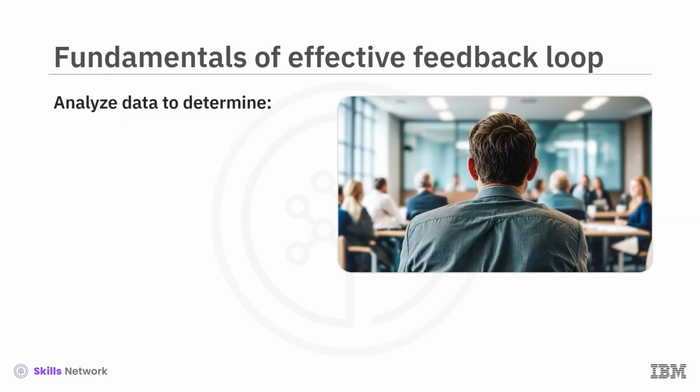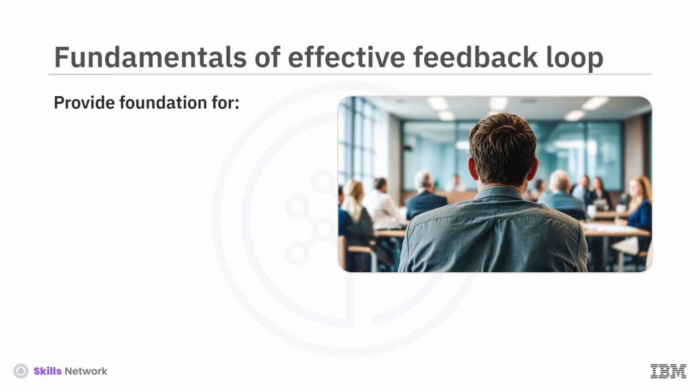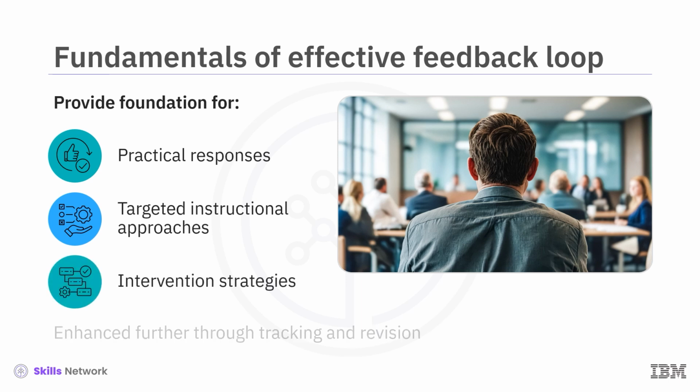The data are analyzed to determine strengths, weaknesses, and trends, providing the foundation for practical responses, targeted instructional approaches, or intervention strategies. It is enhanced further through tracking and revision to ensure constant assessment and tuning of feedback systems.